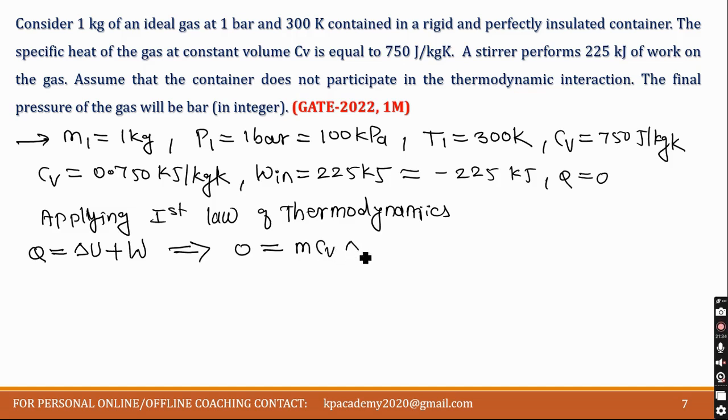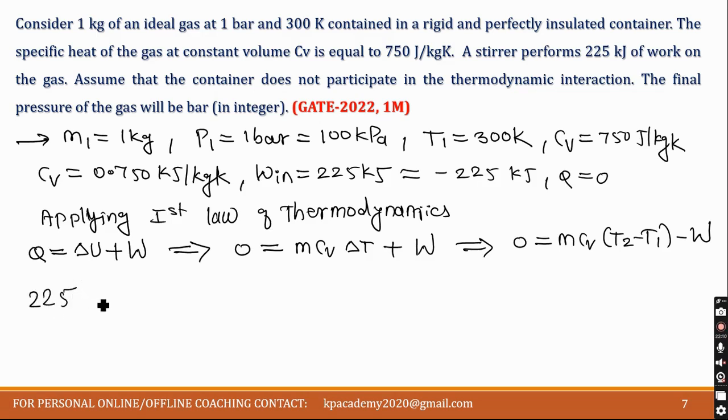So m Cv delta T plus W. अब ये लिखेंगे उसको फिर से: 0 equal to m Cv (T2 minus T1), and now ये जो work done है, work is done on the gas, so we can write minus W. अभी वैल्यूज को पुट करेंगे, so W इधर ये साइड आ जाएगा तो पॉजिटिव बन जाएगा, so it becomes now 225. वैल्यू दिया है कि नहीं?